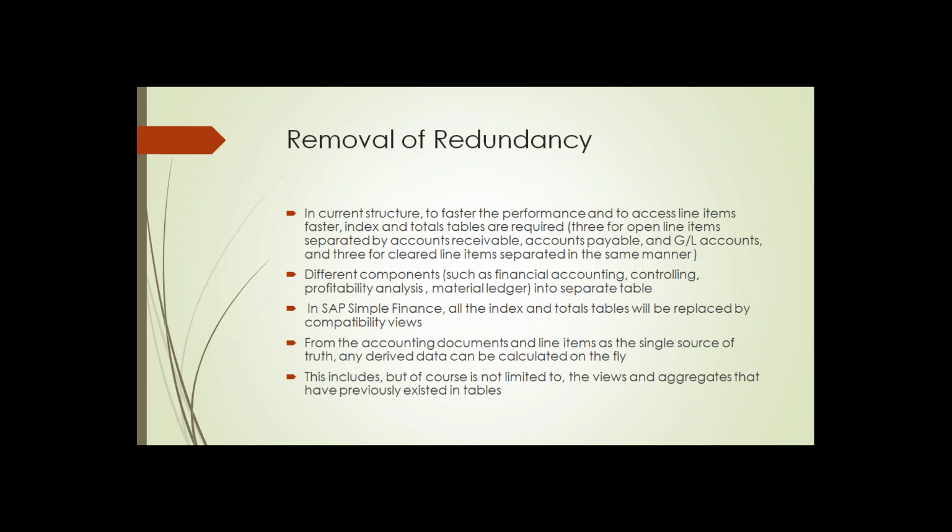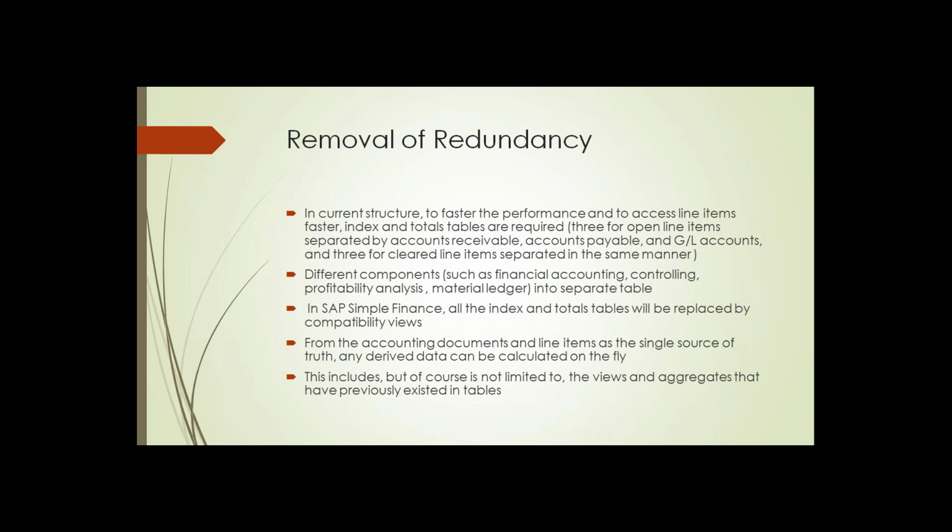At the same time, if you want to generate totals, like the balances of a particular account, and you write the query directly on BSEG, again there are performance issues. That is the reason they came up with the totals table, FAGLFLEXT. The logic was that if you want to perform reporting based on totals, you can refer directly to this table rather than going to the BSEG table.